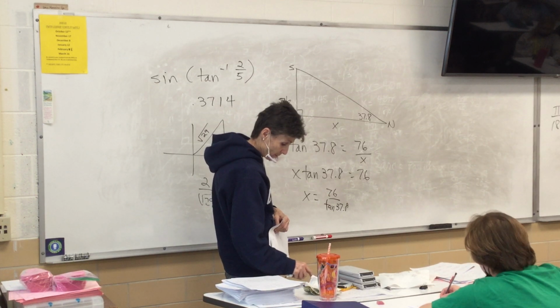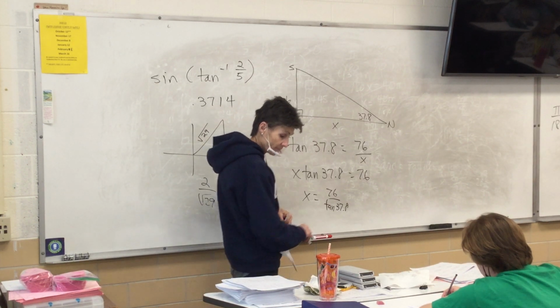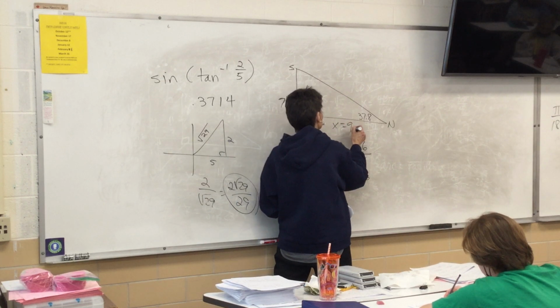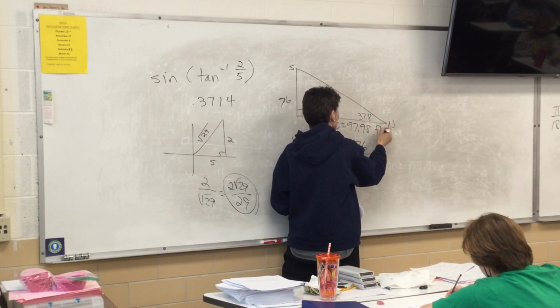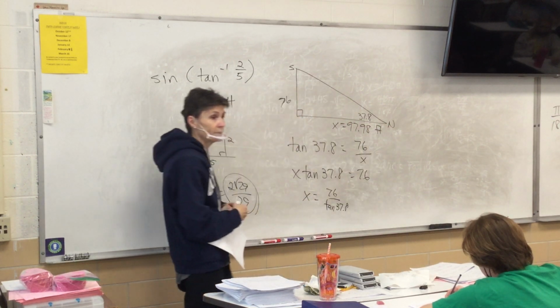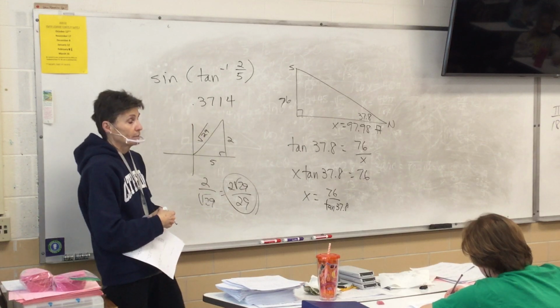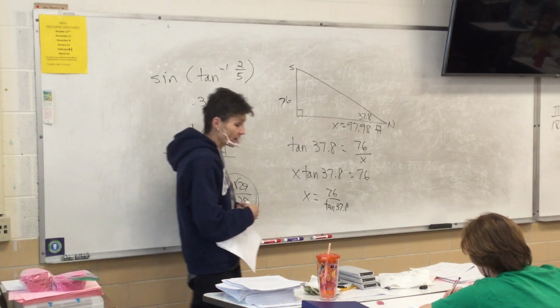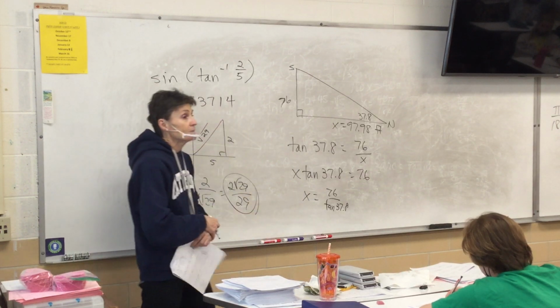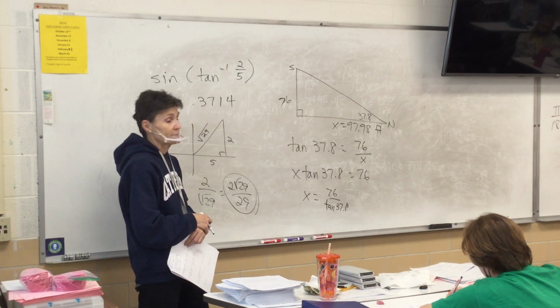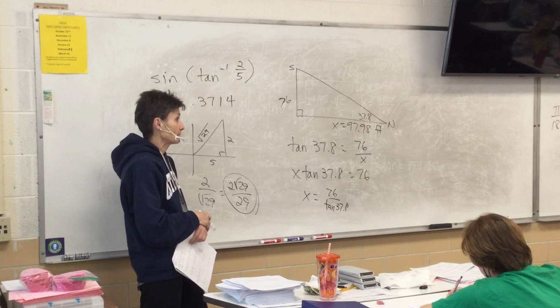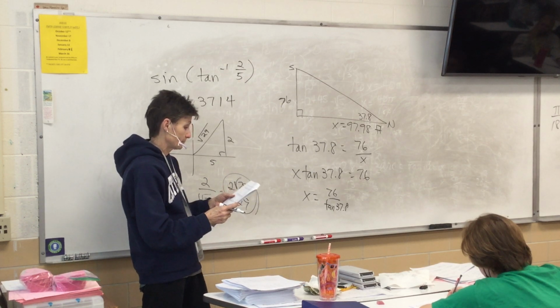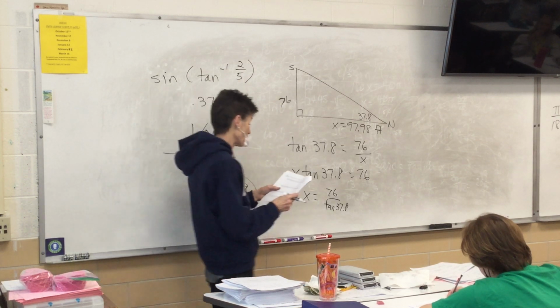That sounds about right. 97.98. And always put a unit on your word problems, so that would be feet. You will lose points for rounding incorrectly. This says round to the 100th, right? So the 100th is 2 places. If you don't tell us, does it matter? No, it doesn't matter if you're not told.